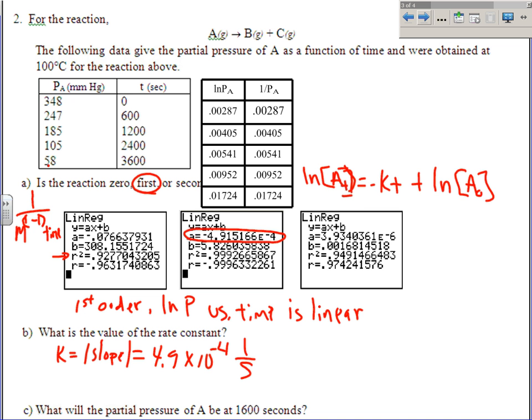Now this one says something different. In part C it says, what will be the partial pressure of A at 1600 seconds? So in this particular problem, we're going to be given a time. Now, time is right here, and this is our k value, so we know that, so we can plug k in there.